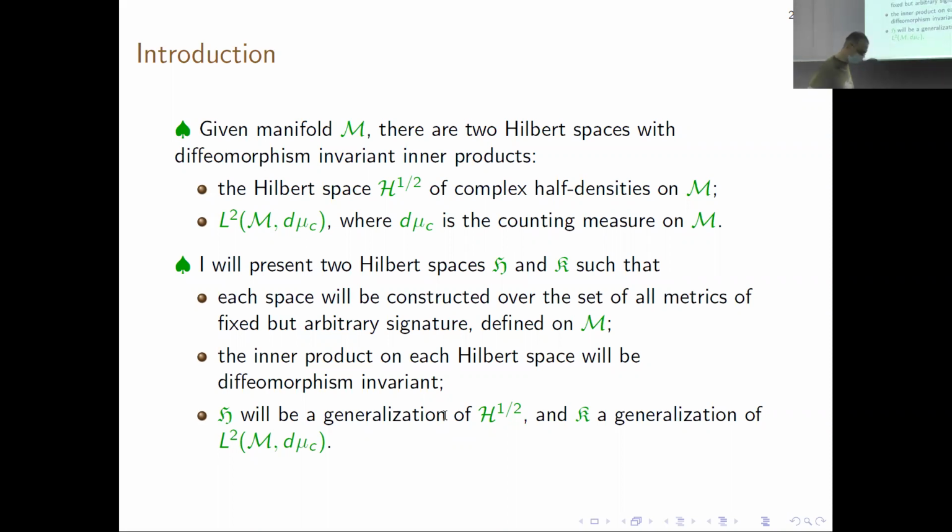The inner products on these Hilbert spaces will be Diffeomorphism invariant. And this space H will be a generalization of the space of complex half-densities. So in fact, this space will be built of some half-densities, while this space K will be a generalization of the space obtained by means of the counting measure.